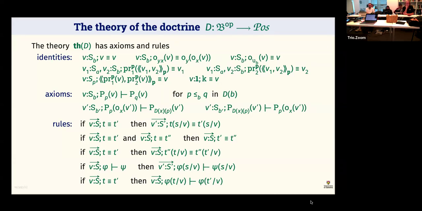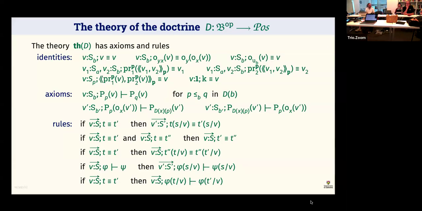So there is a notion of equality, a theory of just an algebraic theory. There are just axioms dealing with identities along terms, and then there is a deductive theory on the predicates, on the forms.